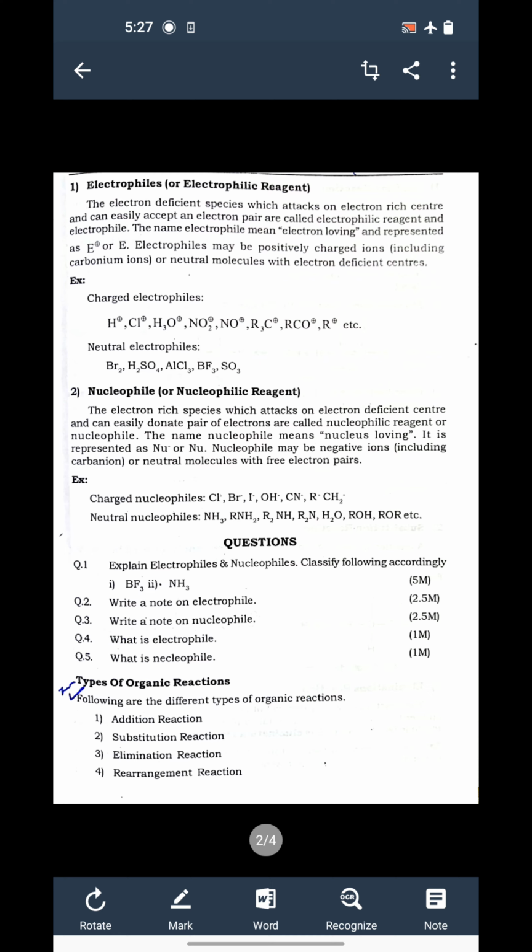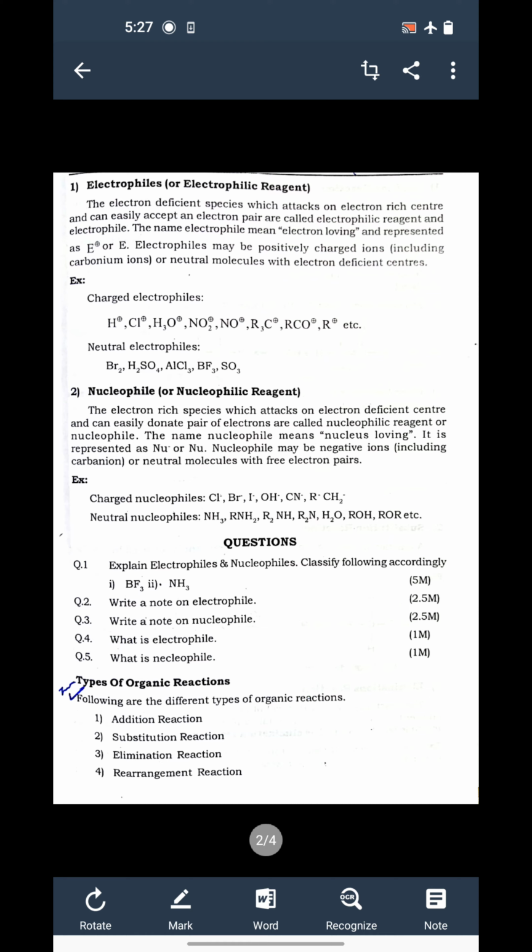The charged electrophiles are, for example, H plus, Cl plus, CH3O plus, NO2 plus, NO plus, Cr3 plus, RCO plus, R plus, etc. R means any alkyl group. These are all positively charged species, and as they are positively charged they are electrophiles, meaning they get attracted towards a species which is rich in electrons.